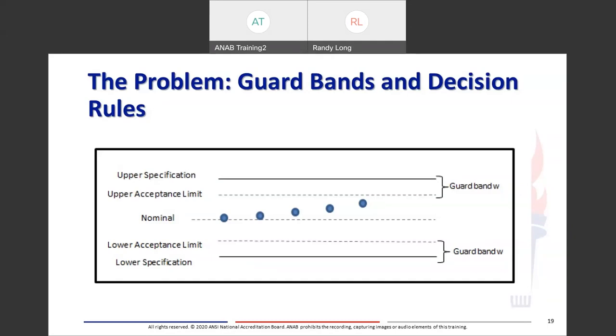If it were in this area here, in the guard band itself, some labs might call that a conditional pass or a conditional fail. And same with a tolerance band or an uncertainty band outside. Instead of a pass/fail, it's a non-binary rule where there's this intermediate area to where it may or may not be accepted or rejected.